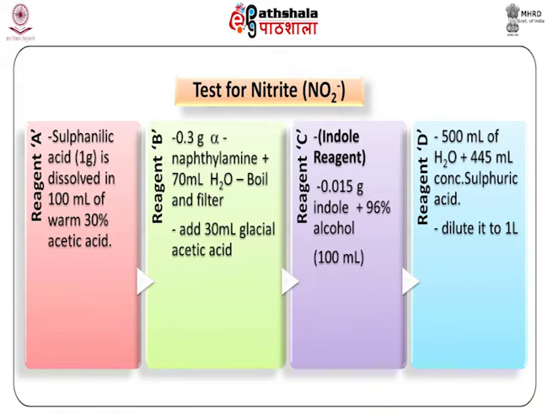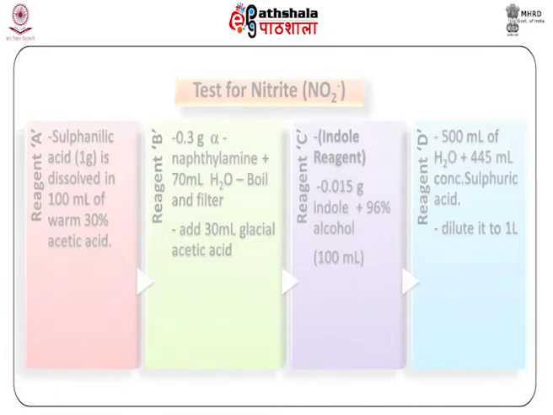Reagent D is prepared by slowly adding 500 milliliters of water under constant stirring to 445 milliliters of concentrated sulfuric acid. When the mixture cools down, dilute it again with water to 1 liter.